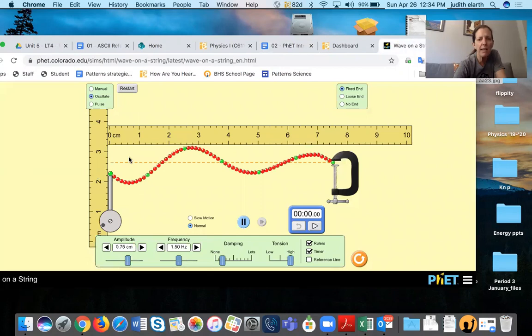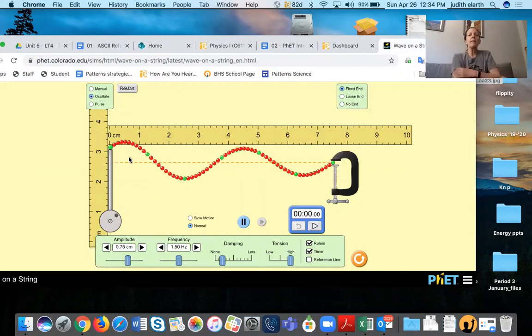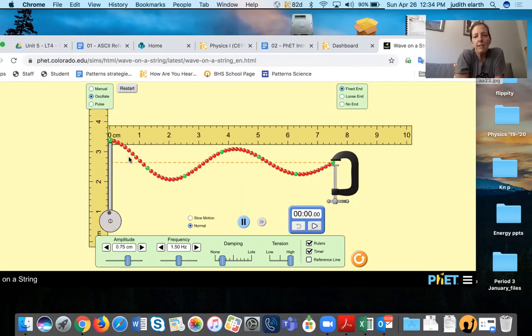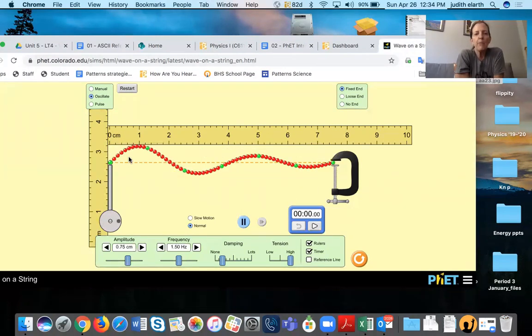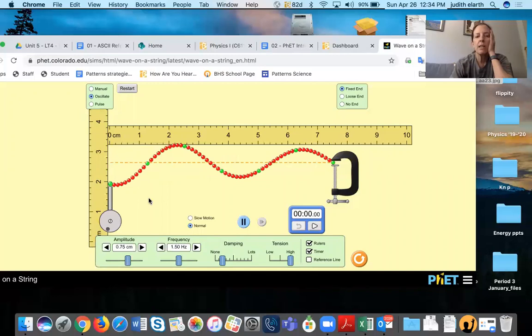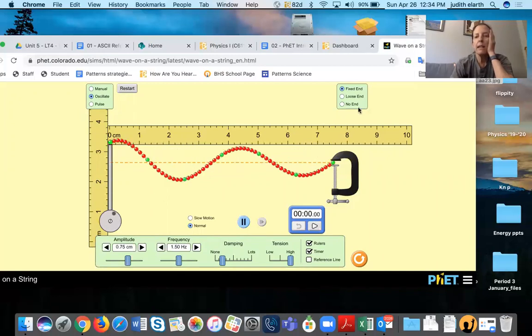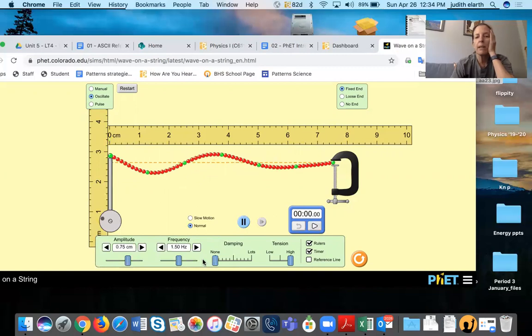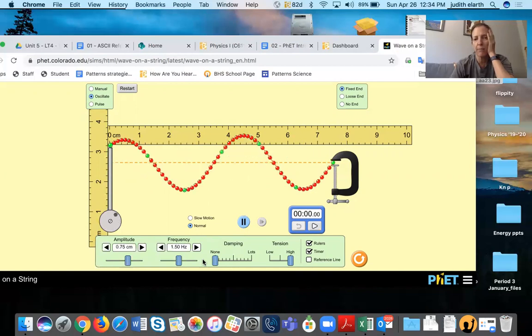Oh, by the way, when you were doing the part 1 of this, I hope that you noticed that if you had no damping, the wave changed a little bit over time.